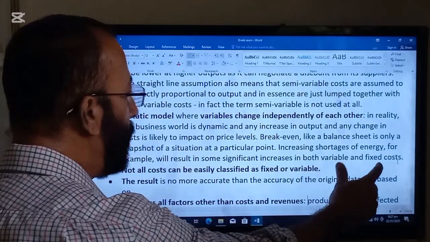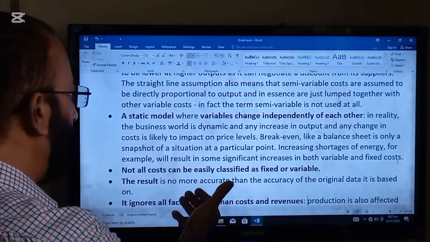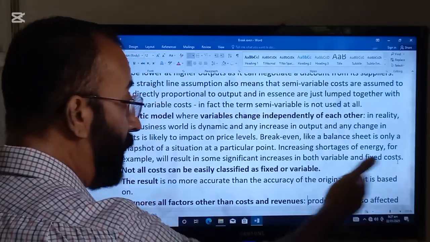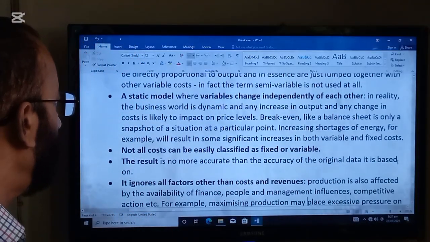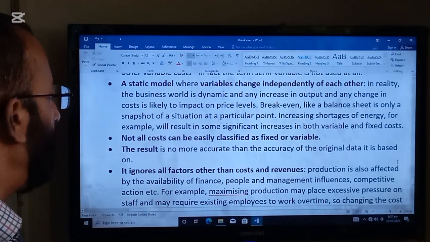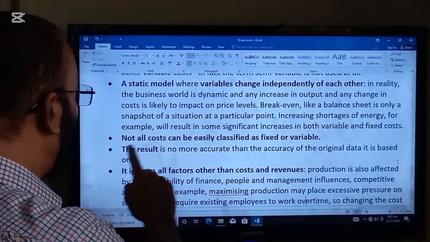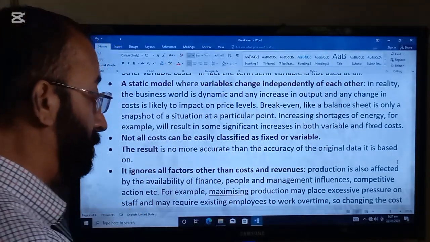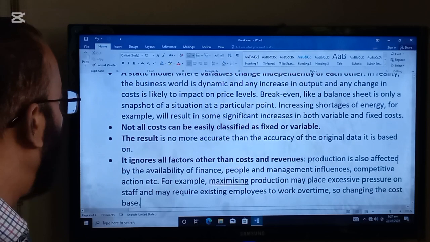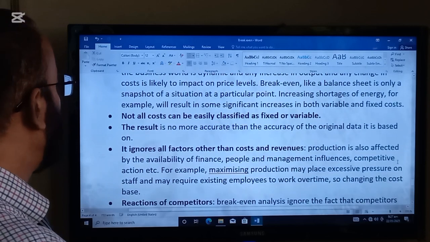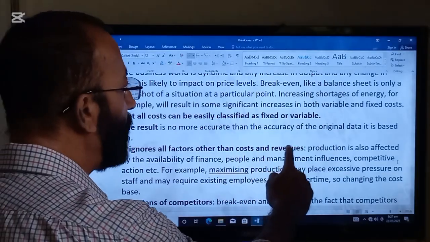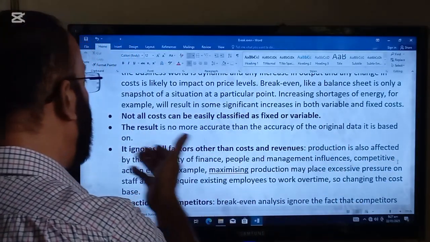Increasing shortage of energy, for example, will result in some significant increases in both variable and fixed cost. Next drawback is that not all the costs can be easily classified as fixed or variable. Another drawback is that the result is no more accurate than the accuracy of the original data it is based on.